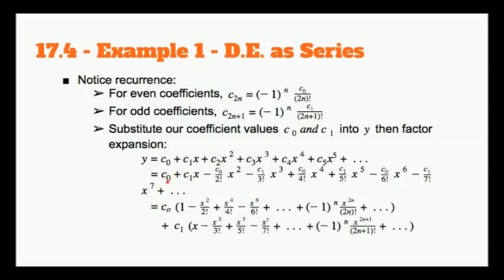We will see c0 plus c1x minus c0 over 2 factorial times x squared minus c1 over 3 factorial times x cubed, and so on into the series. We can factor out the c0 and c1, and we have all these terms left inside the parentheses.